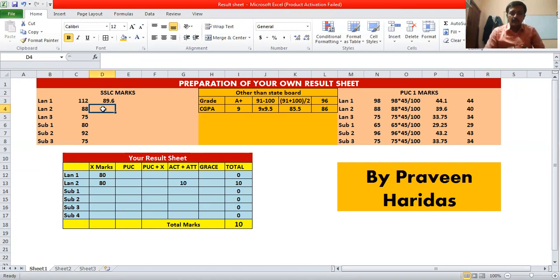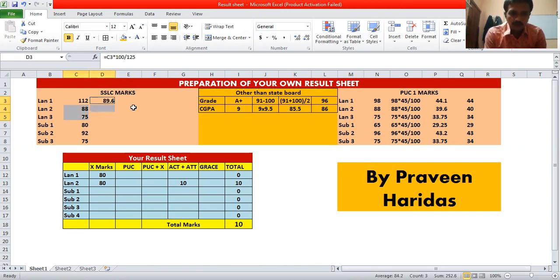And in the whole calculation, what you need to remember is wherever we get 0.5, it will be converted into the next number, or otherwise it will stay as it is. Now 89.6, 88 and 75, these are the three language marks.